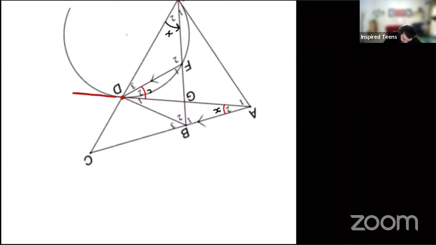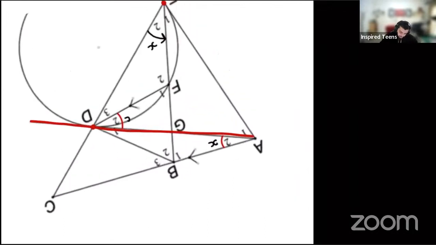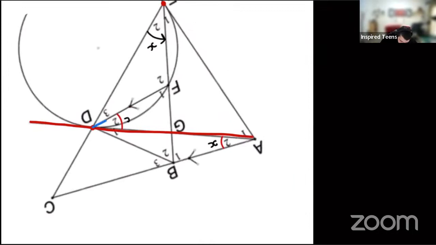Nevertheless, let's just do this. Here's your tangent. Here is your chord that comes from the tangent, it touches the tangent.